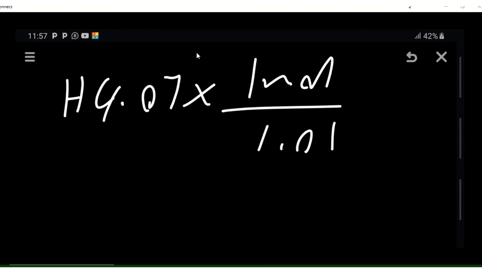So 4.07 divided by 1.01 is giving us 4.0297.